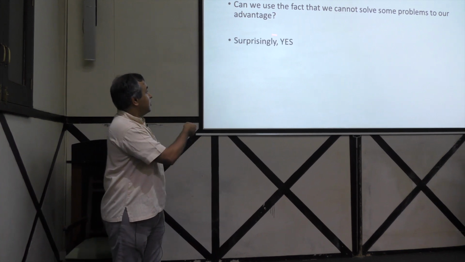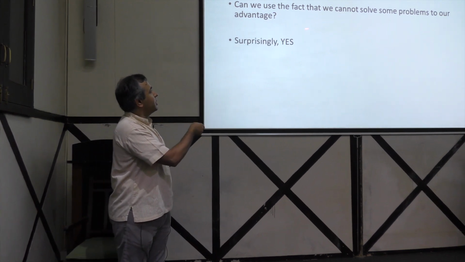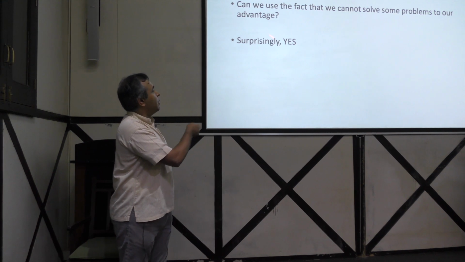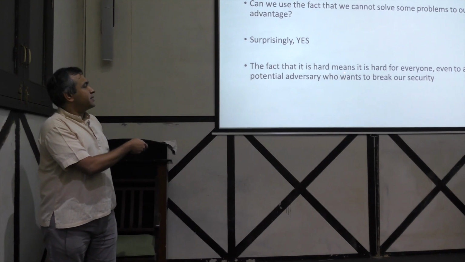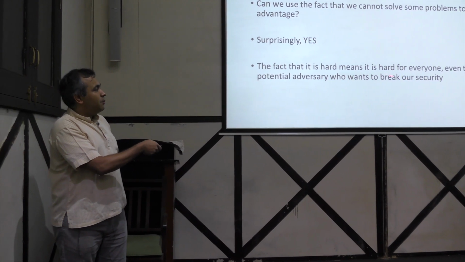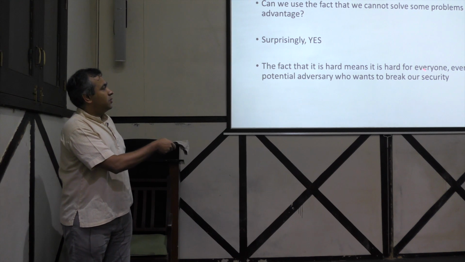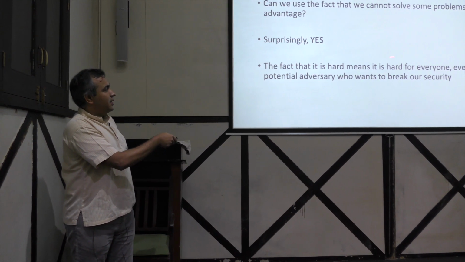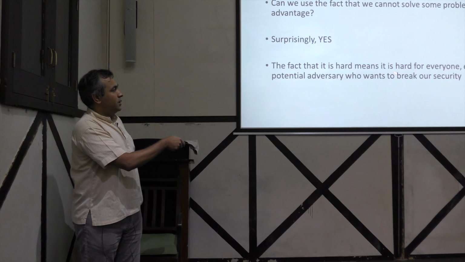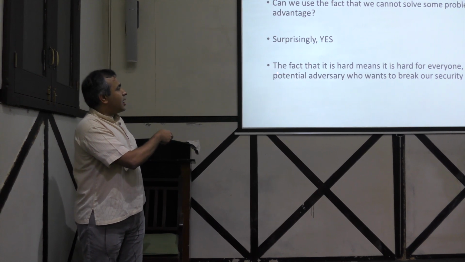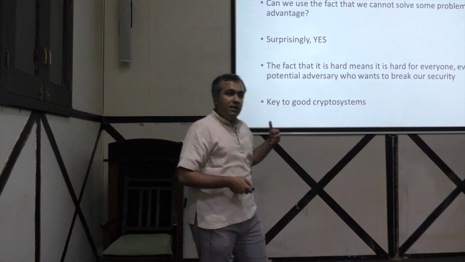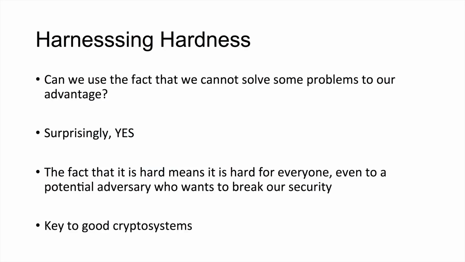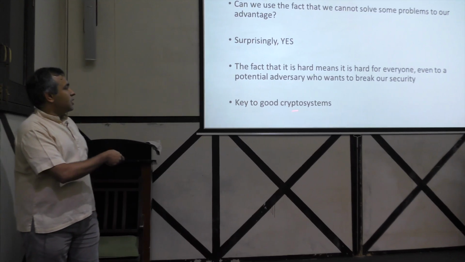This very idea is what we're going to use: if problems are hard, we will be able to use it to our advantage. The fact that it is hard means it's hard not just for me, but for everyone. It's not a subjective definition of hard. It's hard for all computationally bounded people, and potentially for an adversary who wants to break our security. The existence of such hard problems is the basis for modern cryptography, which was what Sameer was alluding to, so encryption and decryption.